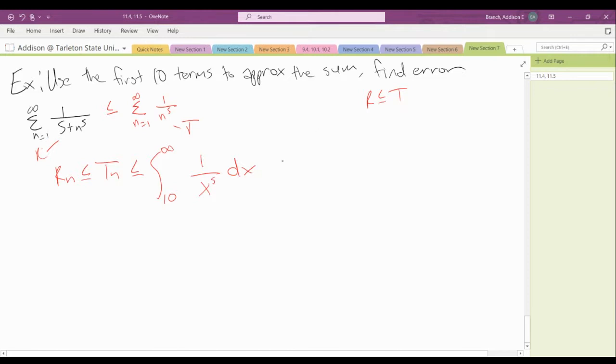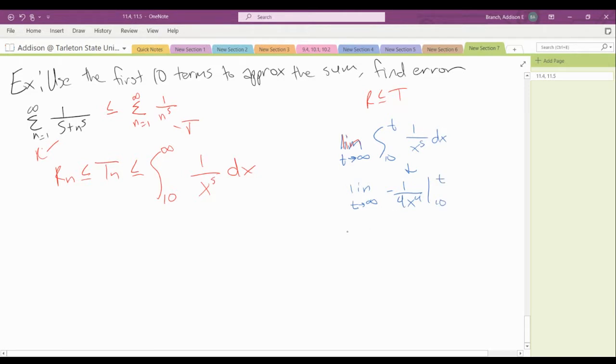So if we go ahead and integrate that, we're going to get our limit as t approaches infinity of the integral from 10 to t of 1 over x to the 5th dx. That is going to be the limit as t approaches infinity of negative 1 over 4 x to the 4th from 10 to t.